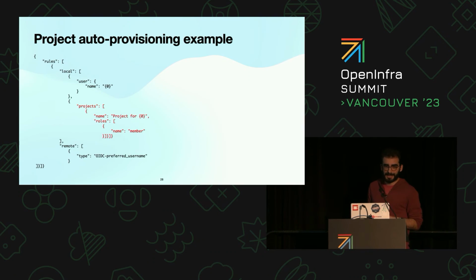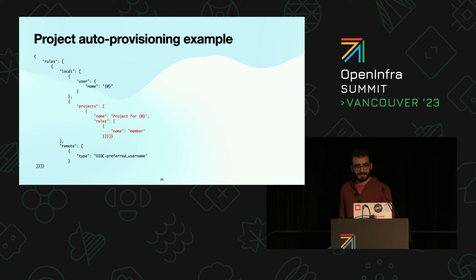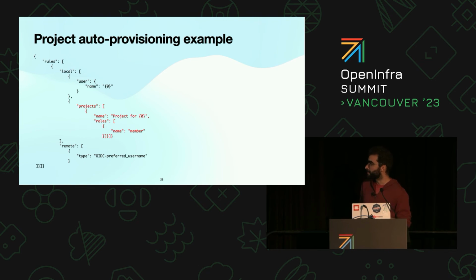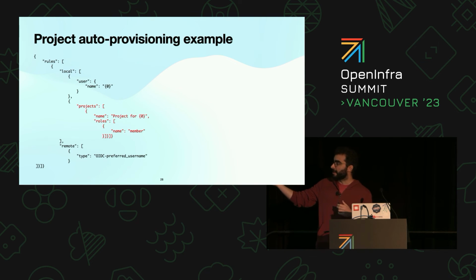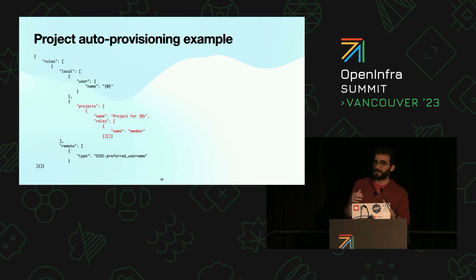For example, in this case, we have a project section where we define a project with the name project-{0}, and the 0 in this case would be mapped to the OIDC preferred username. So when the user authenticates, if the username is knikolla, which is my username, they will also be created a project called project-knikolla, and they will be assigned the role member as specified there.